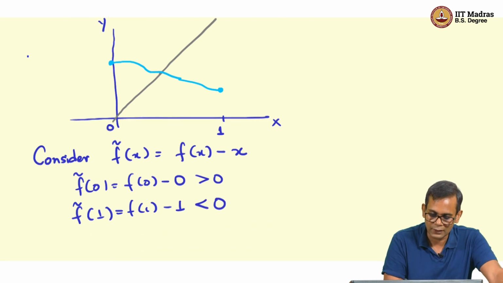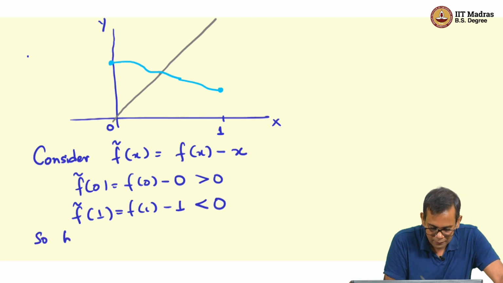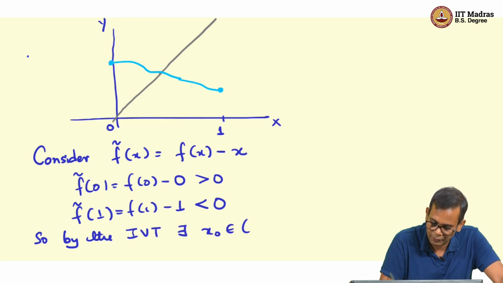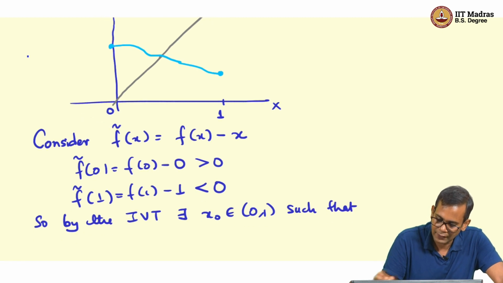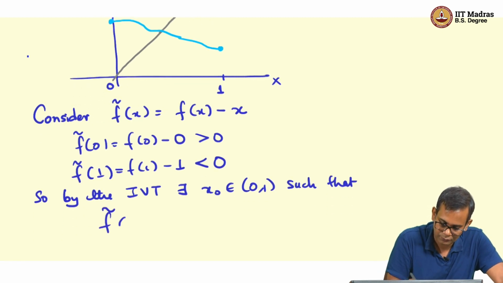And this original function f was continuous. So, f of x minus x is also going to be continuous. So, the intermediate value theorem applies. There exists a point x naught between 0 and 1 such that f tilde of x naught is equal to 0.